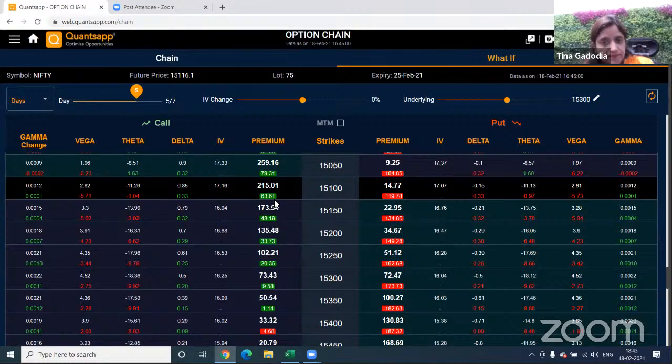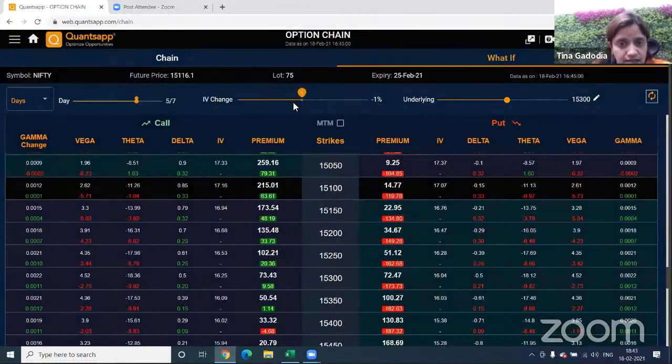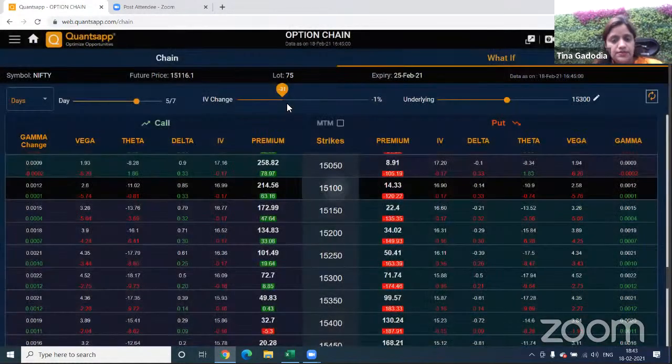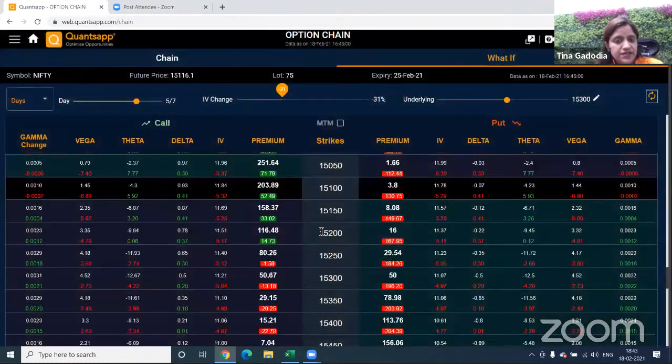So this way you can get a knack of how IV changes. If I say the IV drops by 30%, the things would be different. So do a sensitivity analysis with the underlying, and also with the volatility. When the volatility is very high, take a sensitivity like what if the volatility goes down.